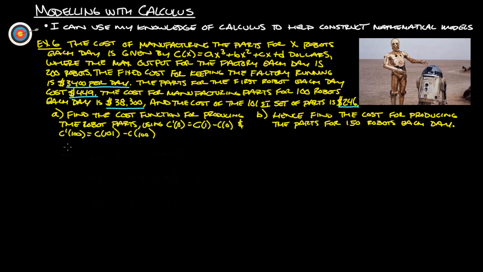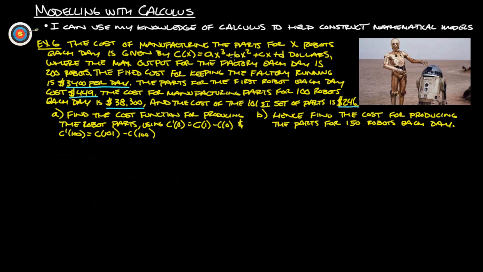Okay, so we've got our cost function, and it says that it costs $3,400 a day just for keeping the factory running, basically. So that has to be our d. That's our fixed cost. Fixed cost will always be whatever that constant is, because we haven't made any robots, so we would be finding the cost of 0 would be a times 0 cubed plus b times 0 squared plus c times 0 plus d.